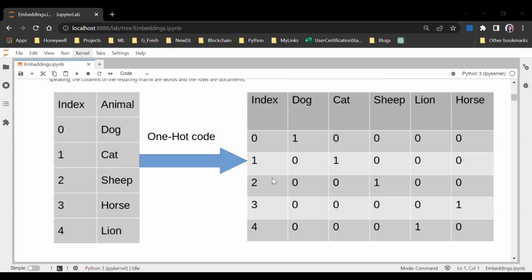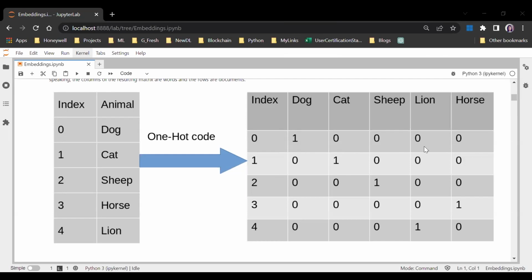We create a vector with a size equal to the number of available categories, with all values set to 0. Then we set the value to 1 in the cell where the particular category is present. So in the first row, we set the entry for dog as 1, and all other entries are set to 0. This is a very simple approach.